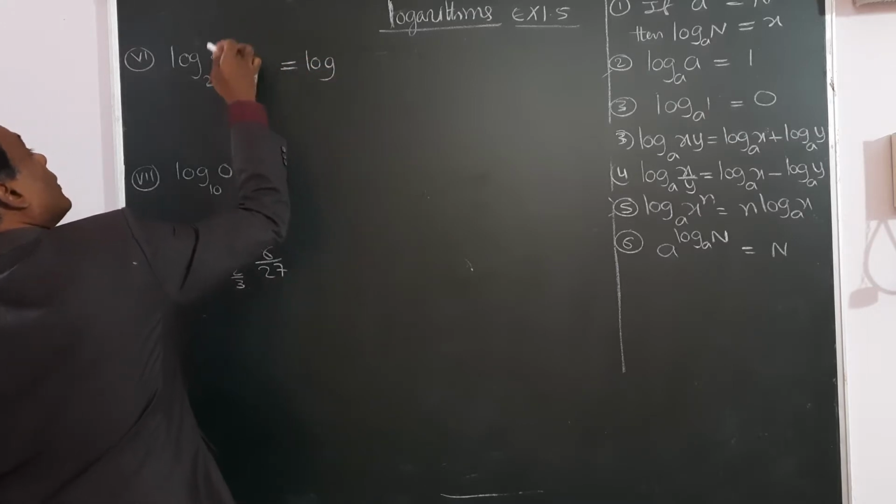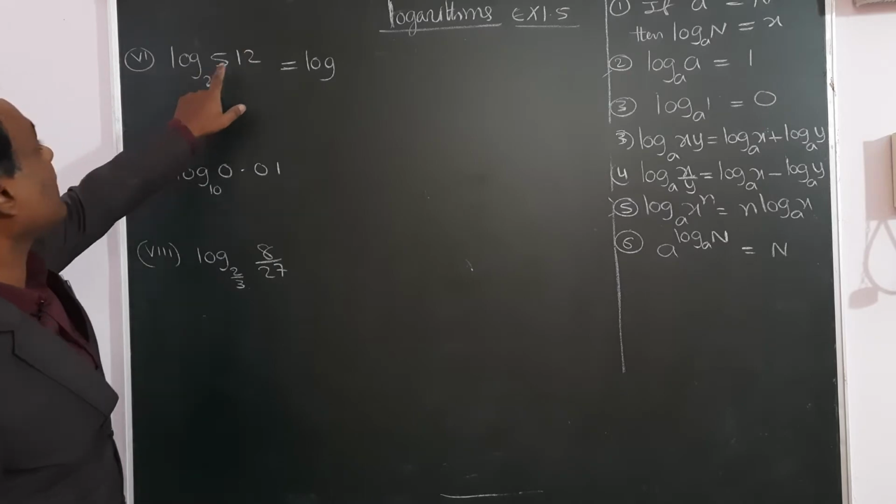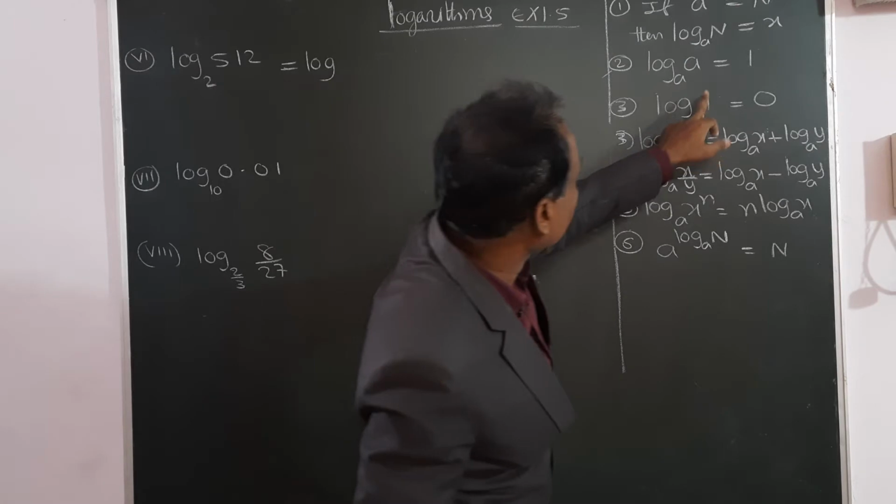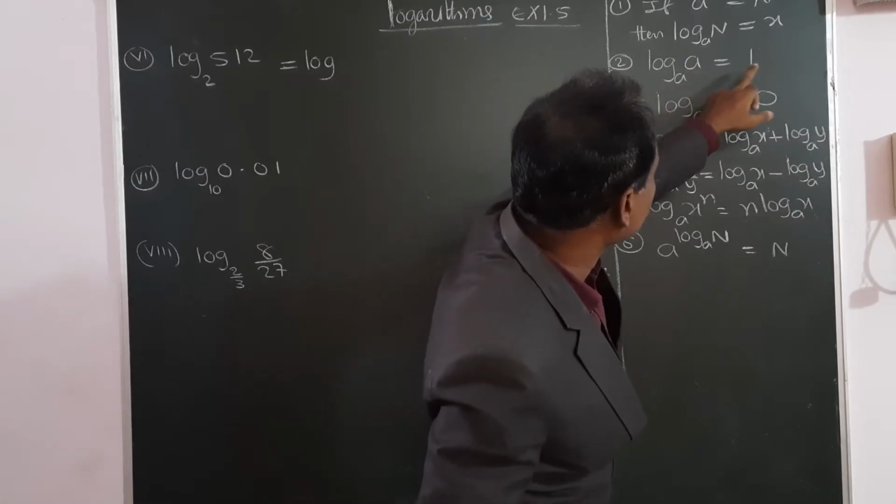512 should be written as 2 power something, so that the base is 2 and the value is also in the form of base 2, so that we can use the formula for same base and value, and it becomes 1.